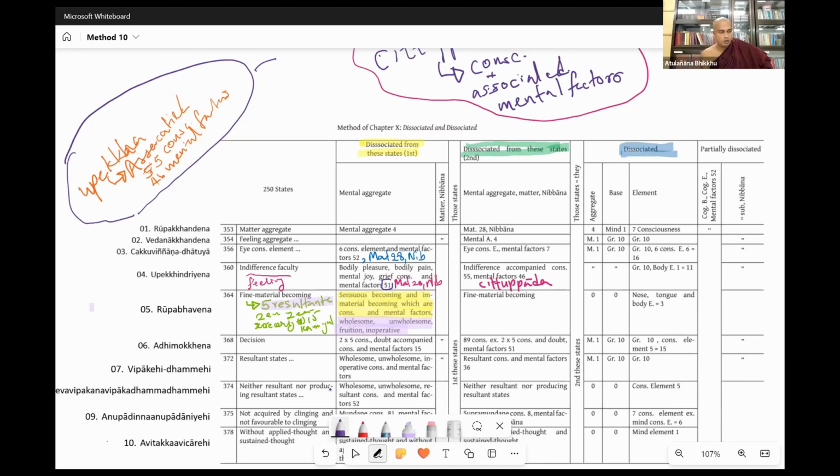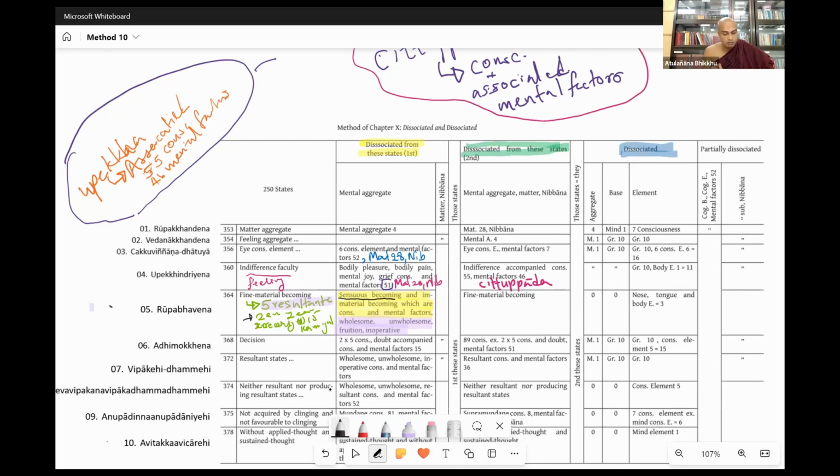So now I think when we are considering the sensuous becoming, we have to exclude the resultant consciousness which falls here, the overlapping ones, right?